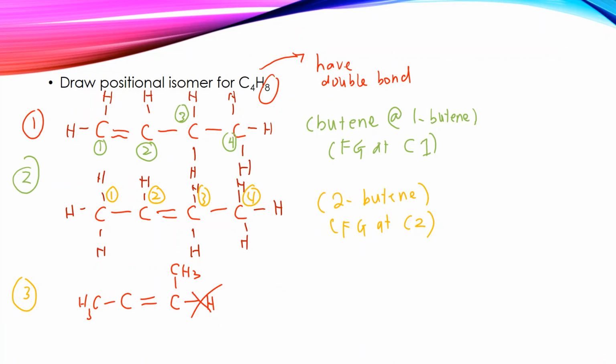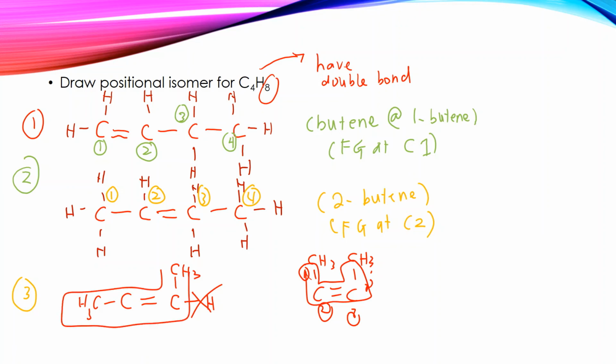Okay, sebab dia ada 4 carbon saja. Kalau I buat C double bond C, CH3, CH3, then I still get 1, 2, 3, 4. I still get 2-butene. Okay, so sebab this one is straight chain, right? This one pun kalau kita tengok adalah 1, 2, 3, 4 straight chain.